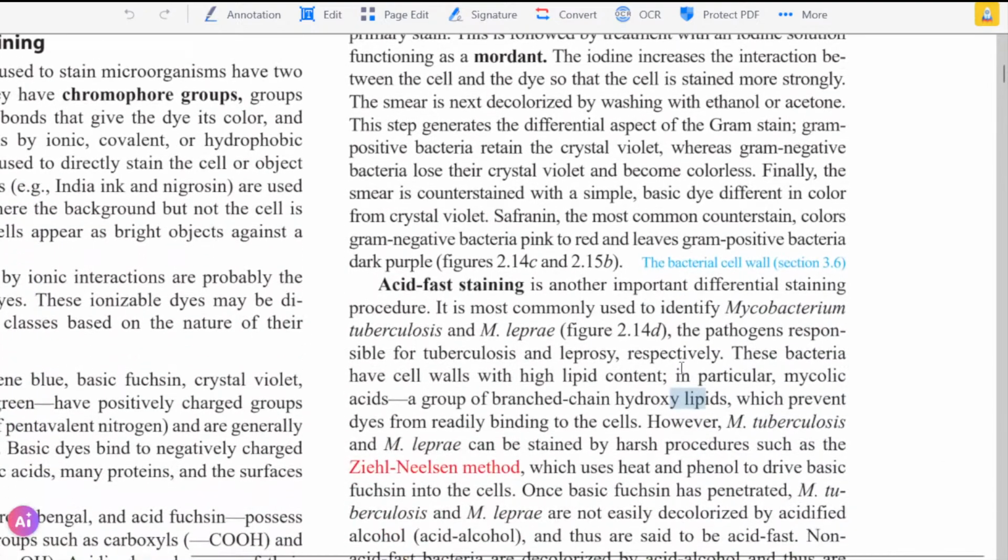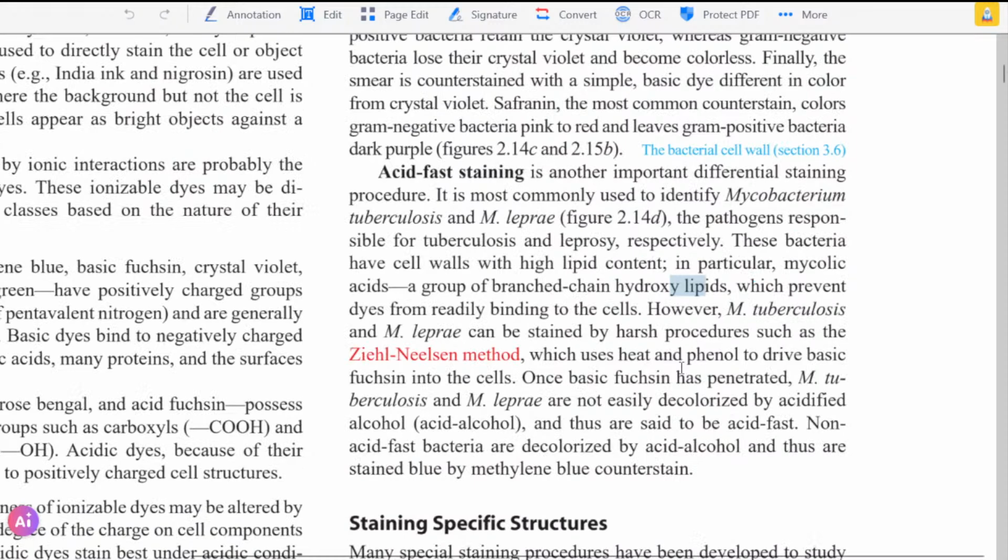So till now they are just saying that both the leprosy and the tuberculosis cell walls have high lipid content, specifically mycolic acid, the branched-chain hydroxylipids. They are saying that this mycolic acid prevents the dyes from binding to the cells.